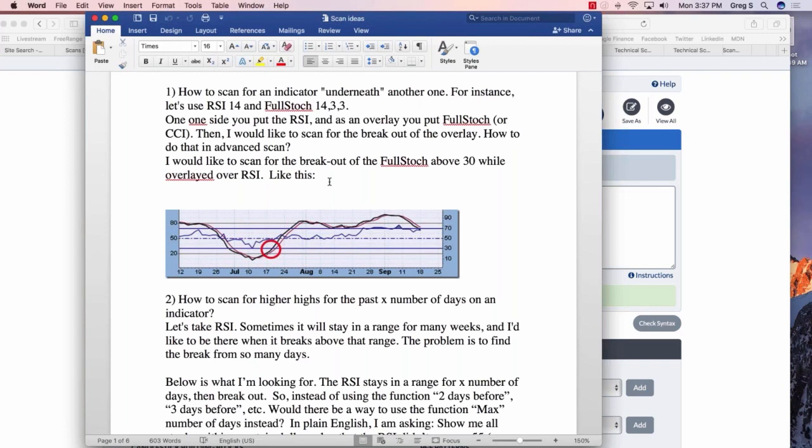This is a great example, and what I want to point out is that these two are overlaid. They both happen to have the same scale, 0 to 100, so that was okay. But if you had picked something like a MACD that was breaking out instead, the problem is that they're on different scales, and a cross on two different scales doesn't mean anything.